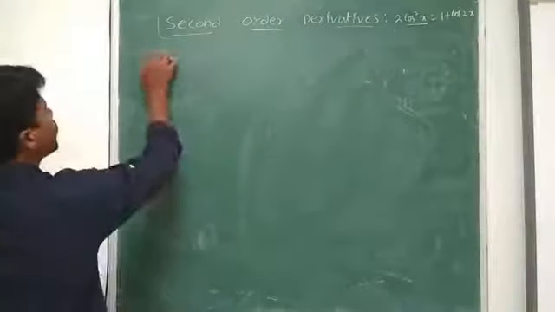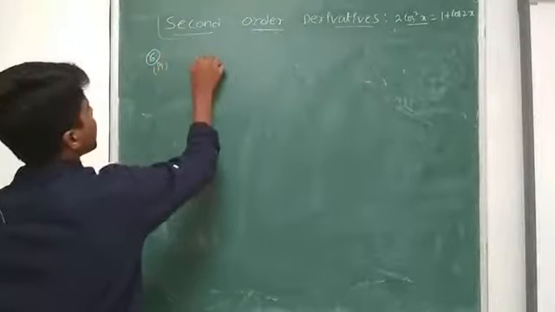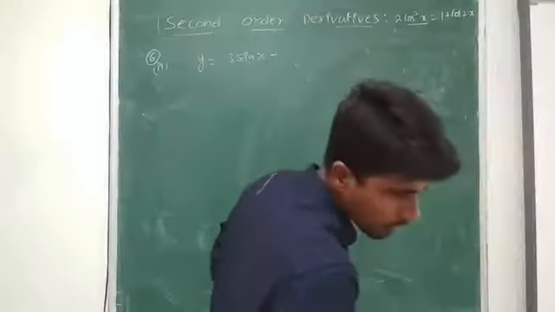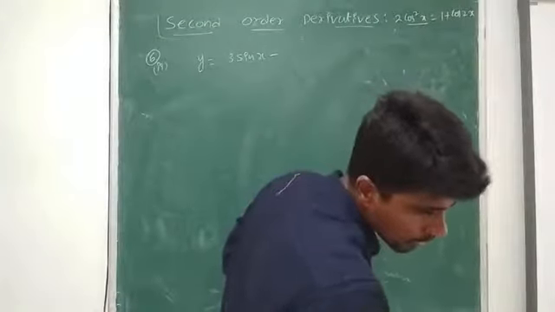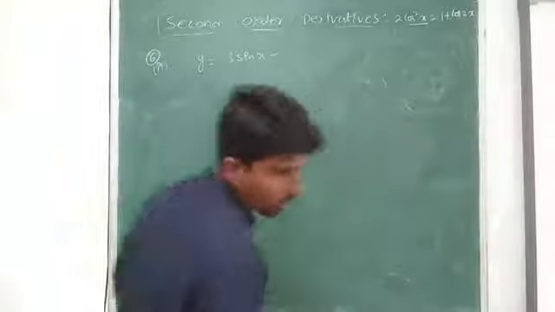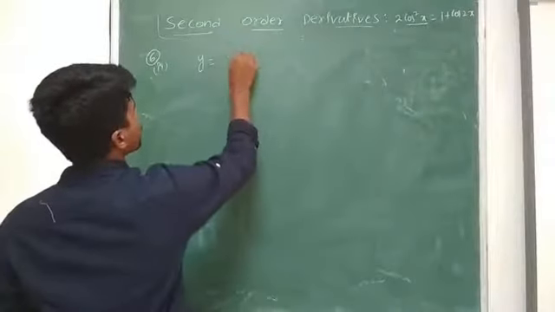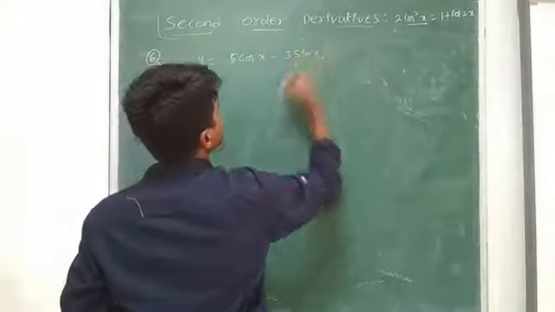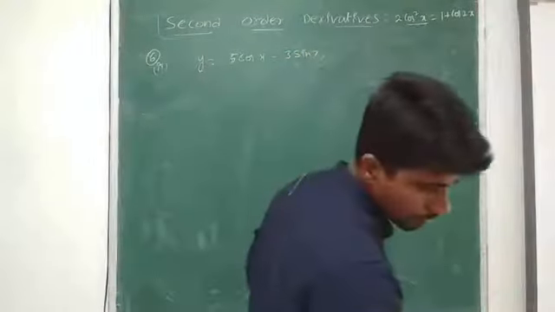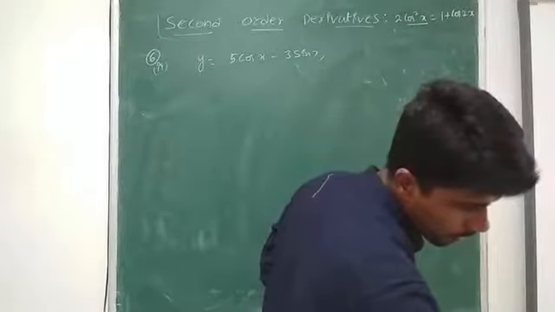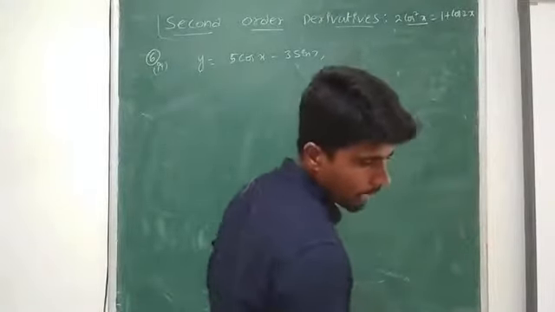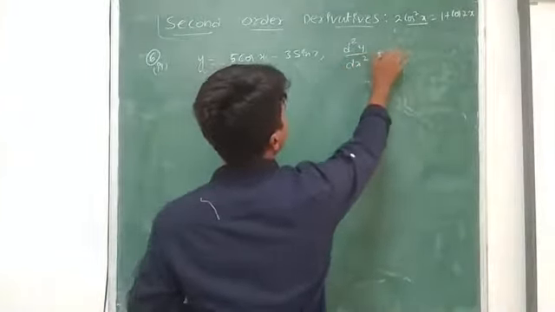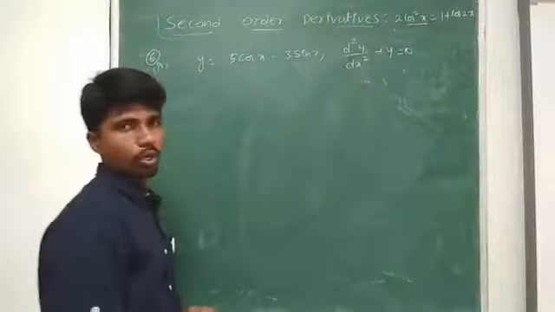Prove that d square y by dx square plus y equals 0, right?